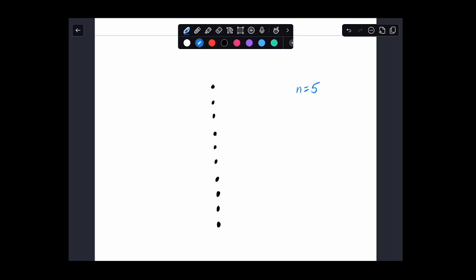I would take the total size of my population, which here is 10, and I would divide by 5, the size of sample that I want, which gives 2. And so to get a systematic sample, I could choose every second member of my population. So I'd choose the 2nd, the 4th, the 6th, the 8th, and then the 10th. And those would be the members in my sample, those 5 things.